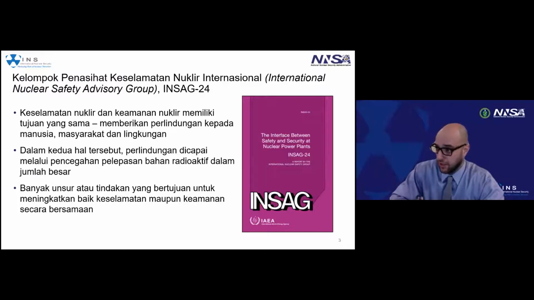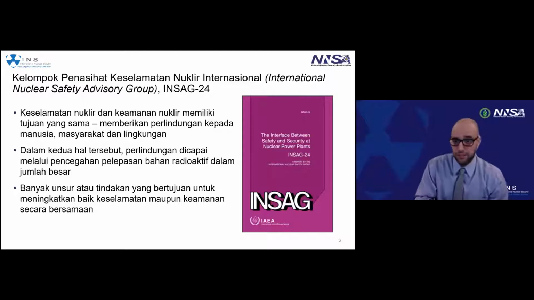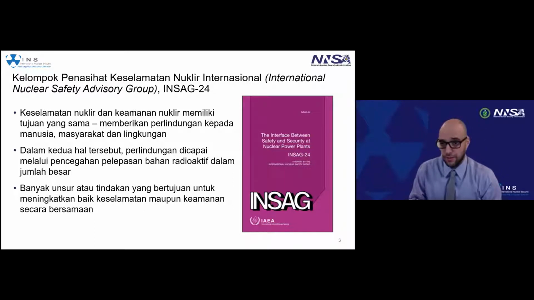And to do that, many elements of actions serve to enhance both safety and security at the same time. And this is where I'll go back to what Brad mentioned. It's good to have different experts collaborating in order to come up with threat analysis or DBTs in which we're able, at the end, to protect the facilities.